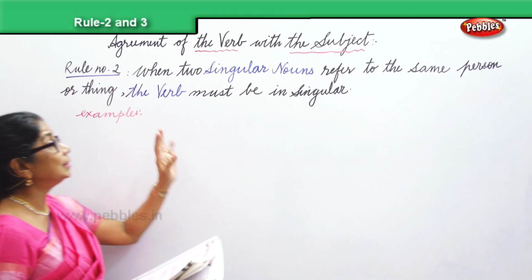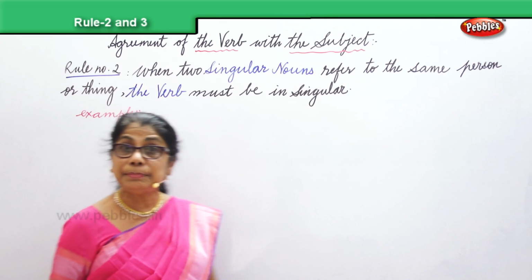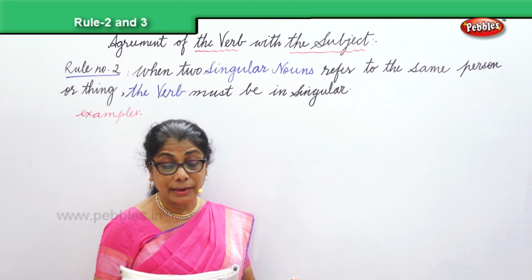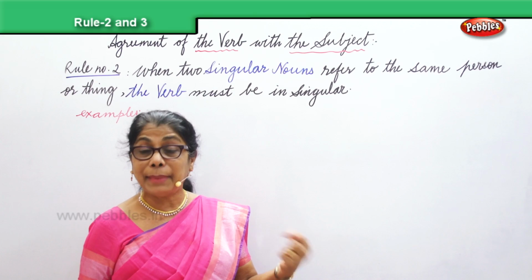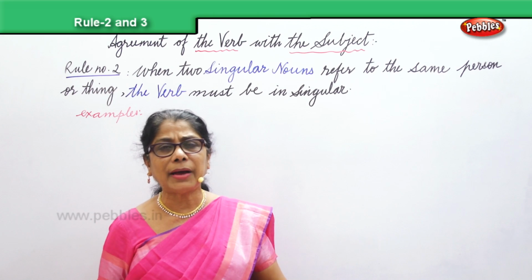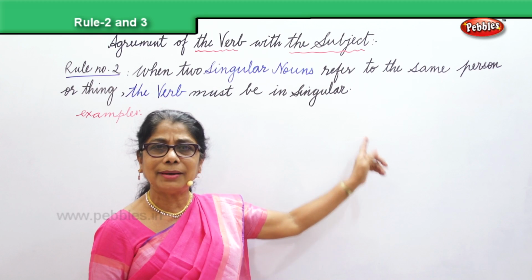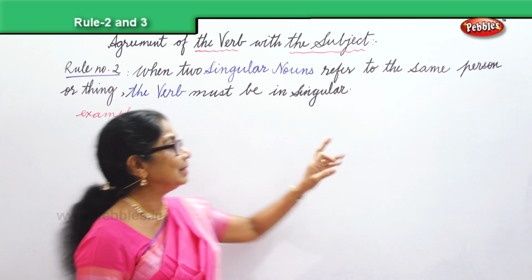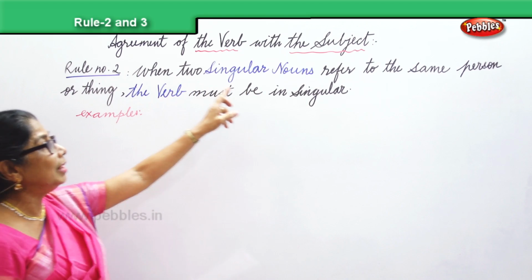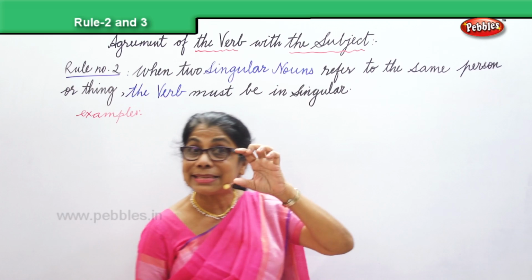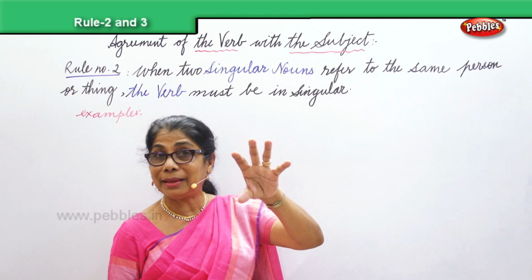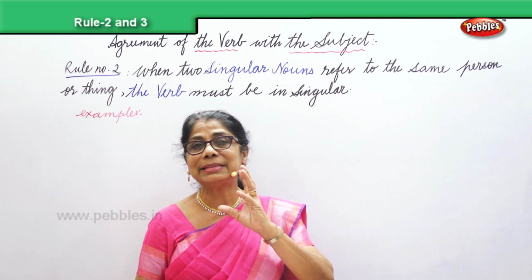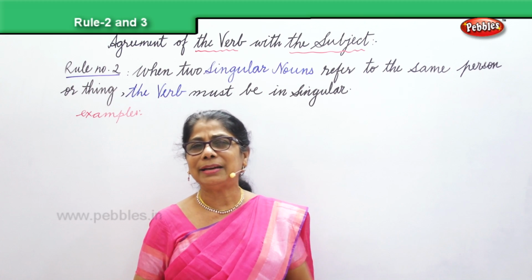So when you are referring to the same person, the verb must remain singular. So, my guide and mentor are my father? No, it has to be singular. My guide and mentor is. So when singular nouns refer to the same person or same thing, we have to take a singular verb.